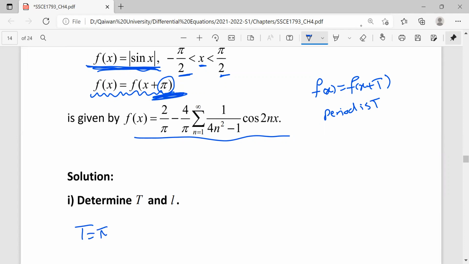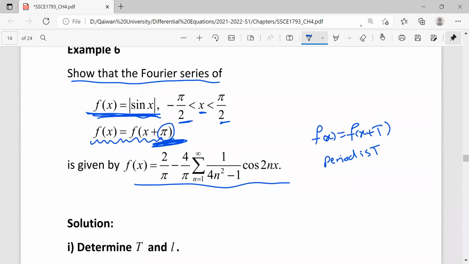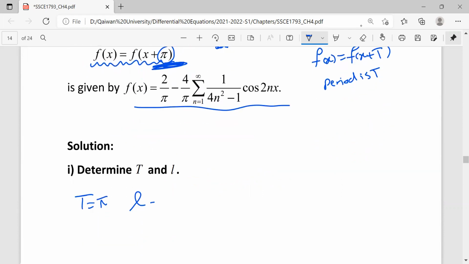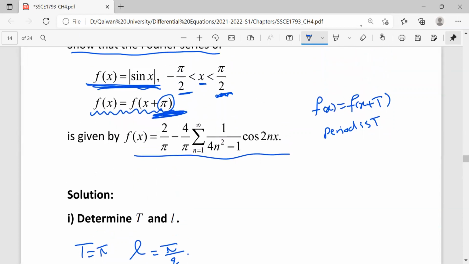And L is the upper limit of the interval. The interval is from negative L to L. So L here is pi over 2. These are T and L.